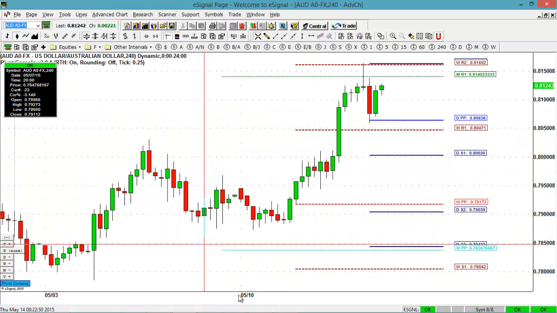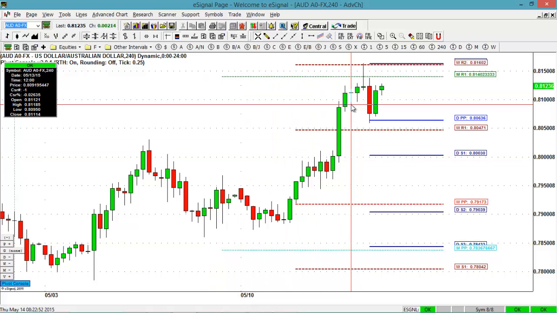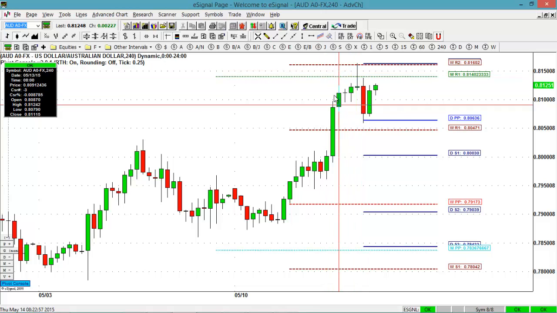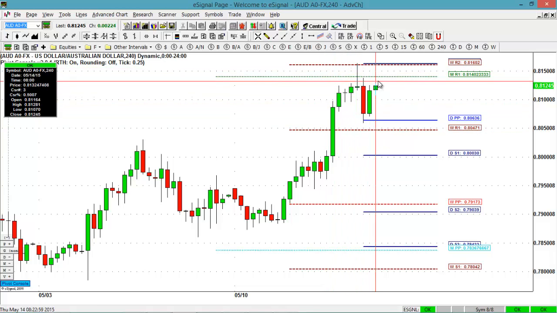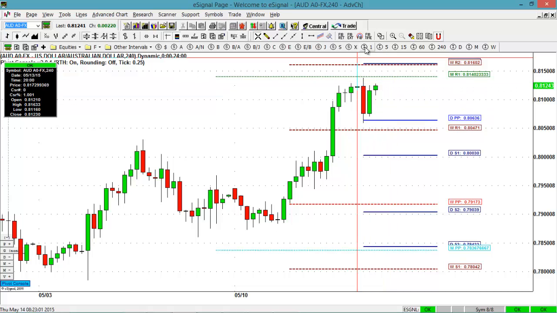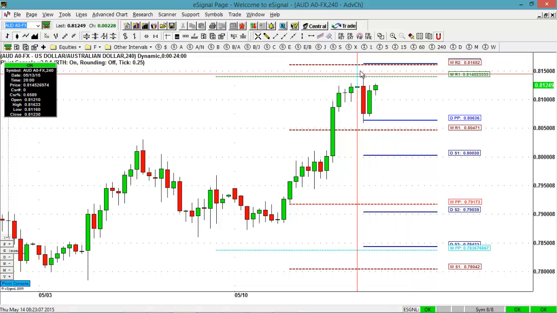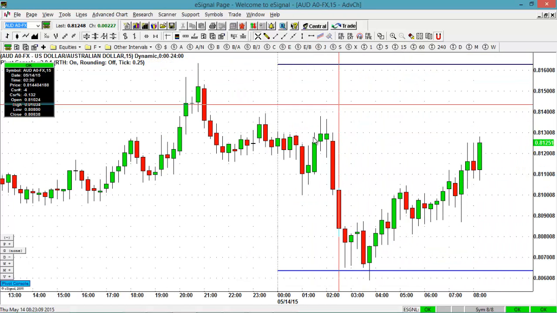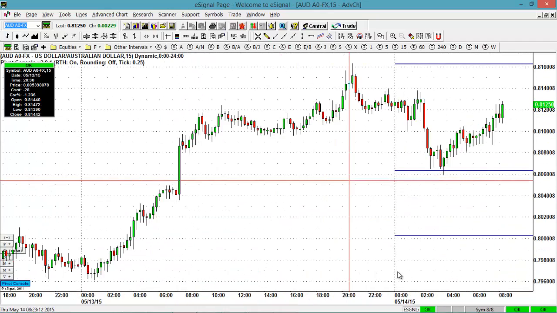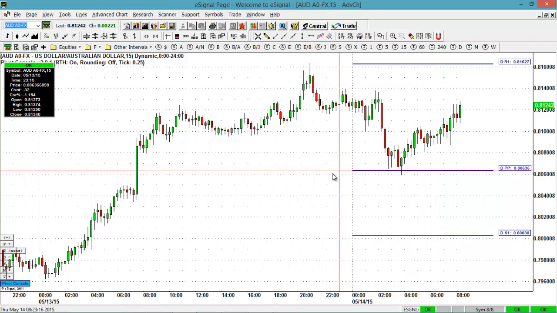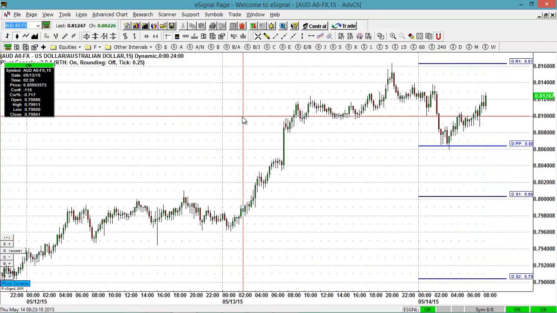We spoke about that yesterday, that the market could find some resistance at these levels. The market has bounced back, and we'll have to see if the market can close above this 81.60 area, or we're coming up on a double top situation. This is a 15-minute chart. Are we going to come up on a double top situation in the Australian dollar?